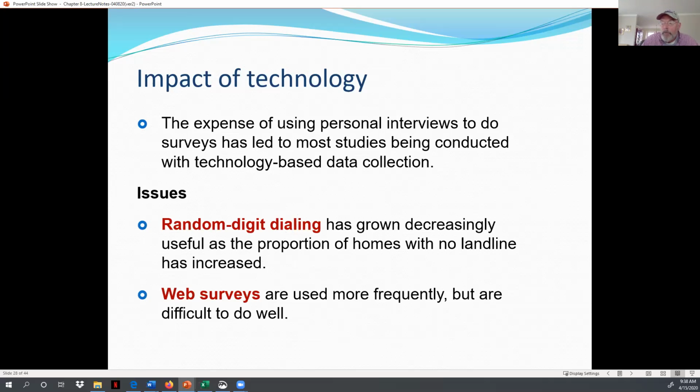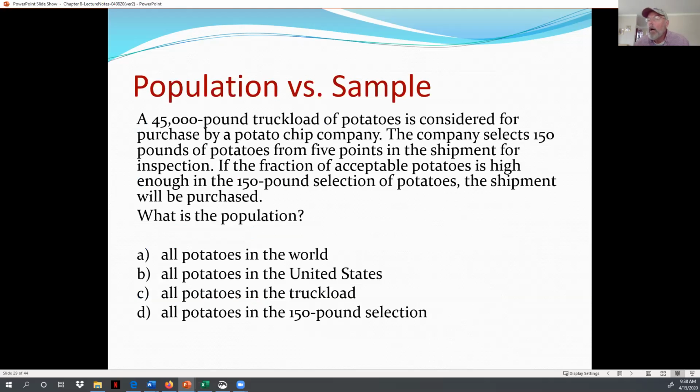Okay, so in the last couple minutes that we have here, let's use a question. All right, population versus a sample. So we have a 45,000 pound truckload of potatoes, all right?